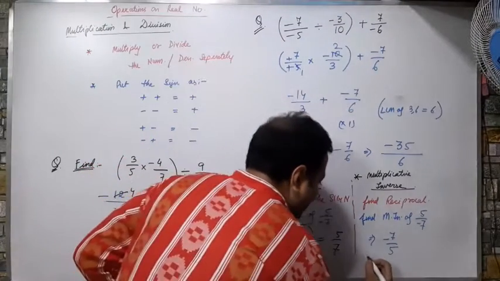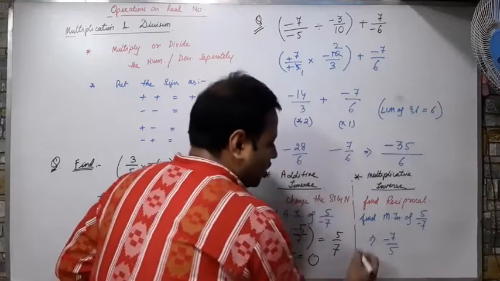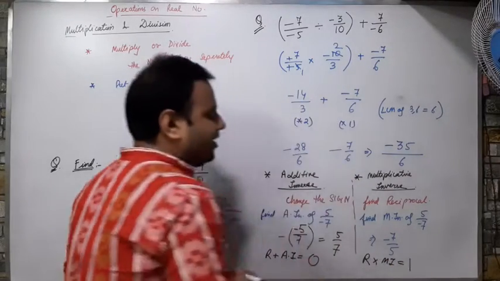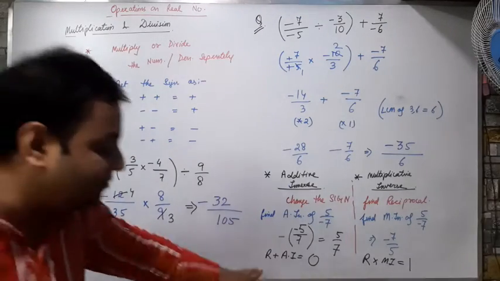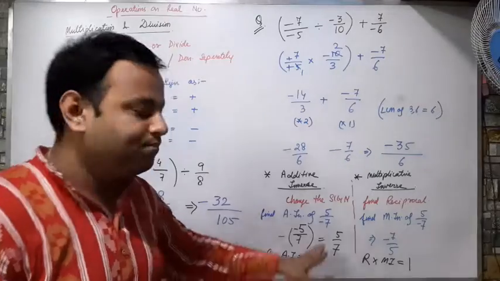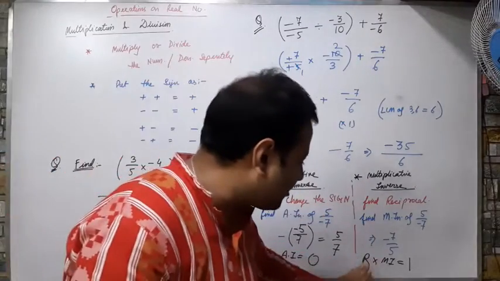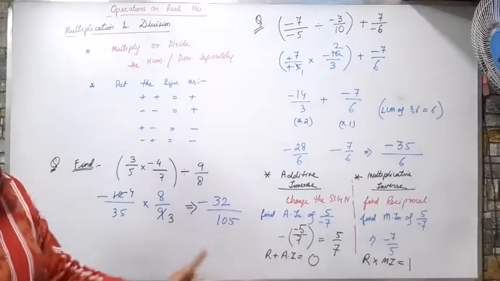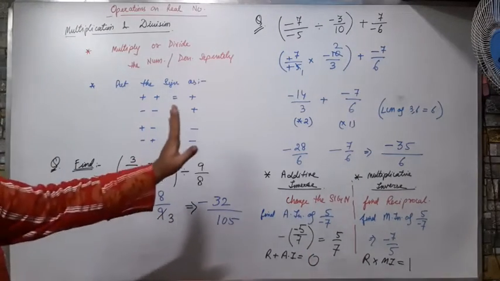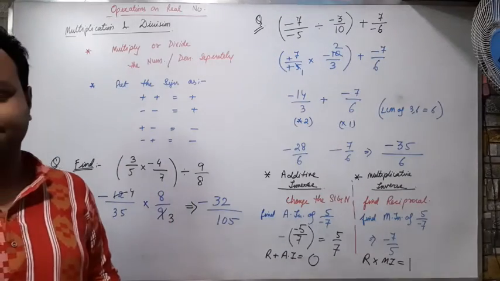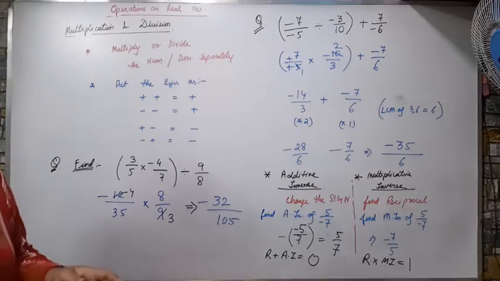So therefore, the product of a rational number with its multiplicative inverse is always 1. The sum of a rational number with its additive inverse is 0, while the product of a rational number with its multiplicative inverse is always 1. So this is how additive inverse and multiplicative inverse work. Correct? The next topic.